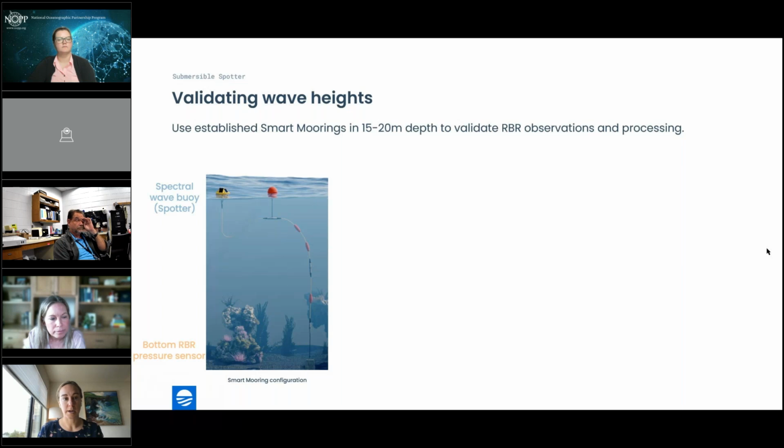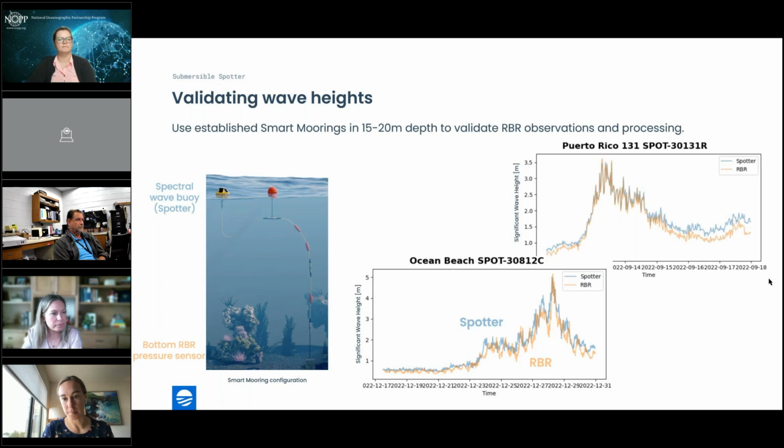So we dug through the archives of those data sets and looked for any conditions with high waves, and took a look at estimates of wave height and wave spectra derived from the RBR pressure sensor and the long validated spectral wave buoy, the Spotter. And so on the next slide, you can see relatively good agreement across different conditions, where you had 4 or 5 meter waves at Ocean Beach here in San Francisco, and about 3.5 meter waves off of Puerto Rico.